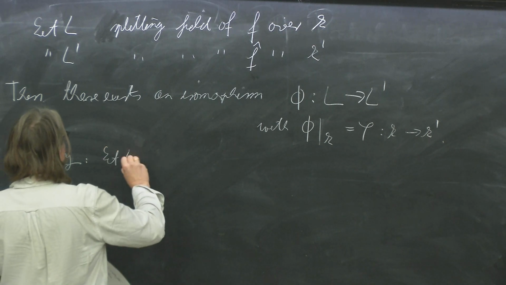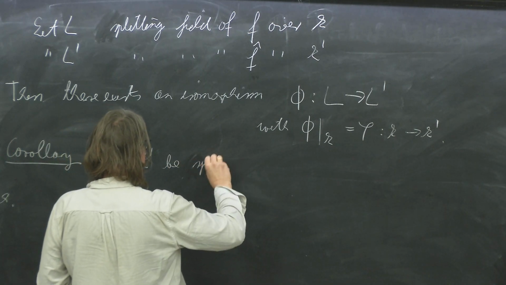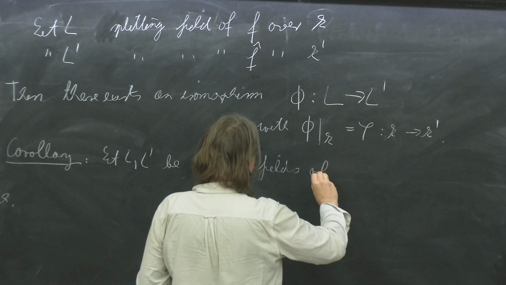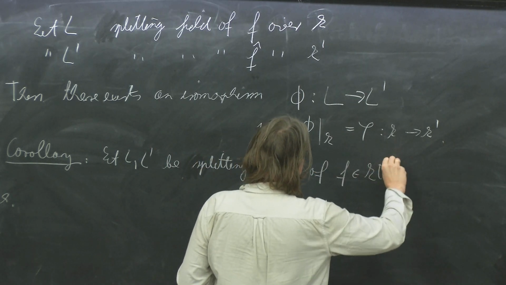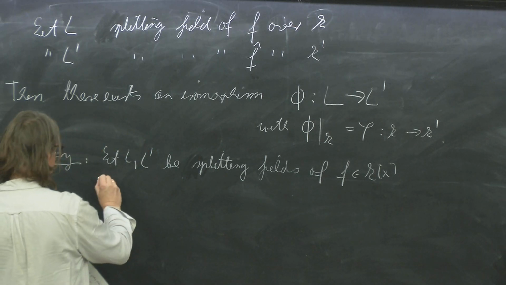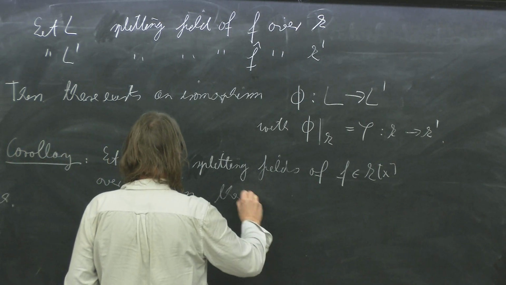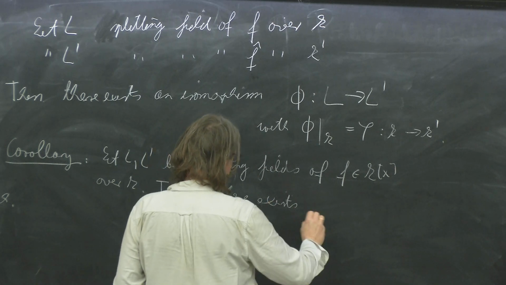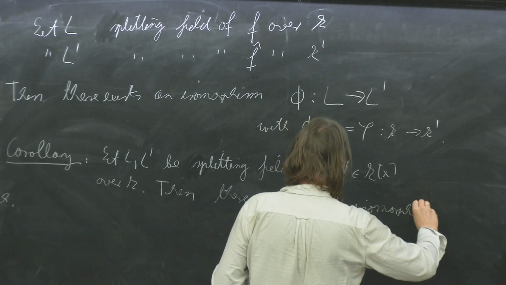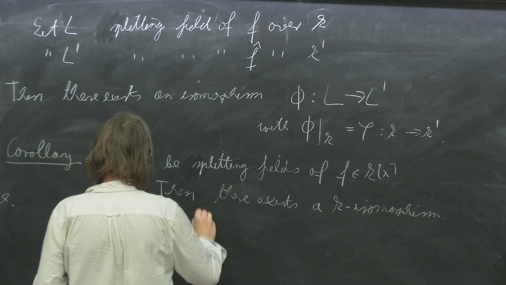So let L and L prime be splitting fields of a polynomial f in K[x] over K. Then there exists a K-isomorphism phi from L to L prime.